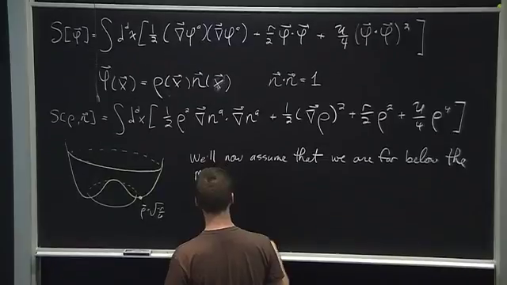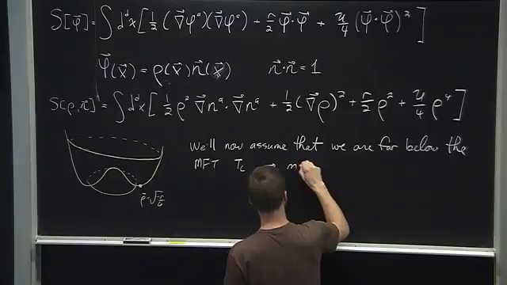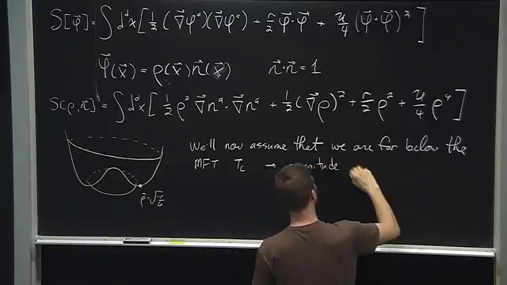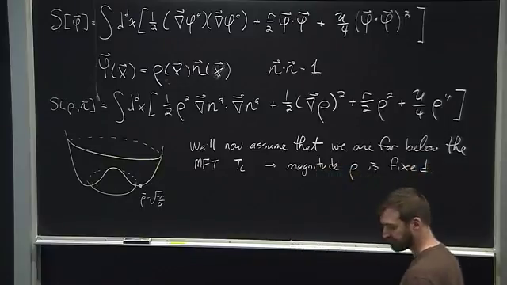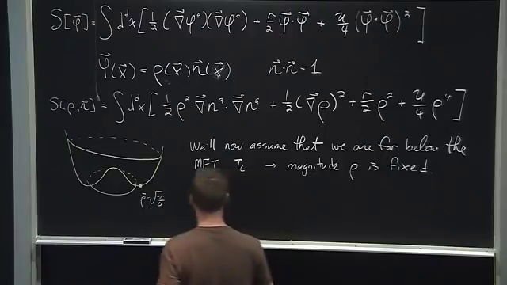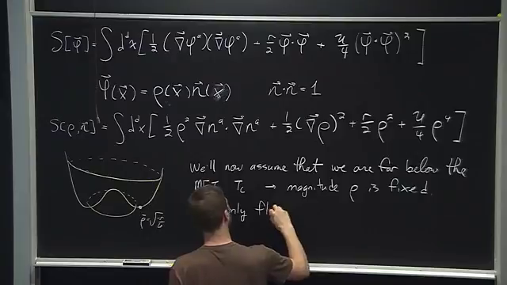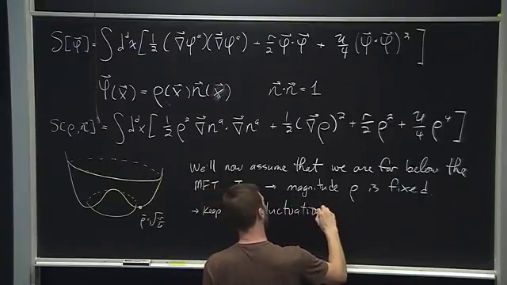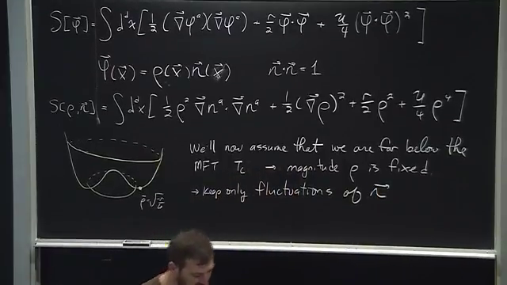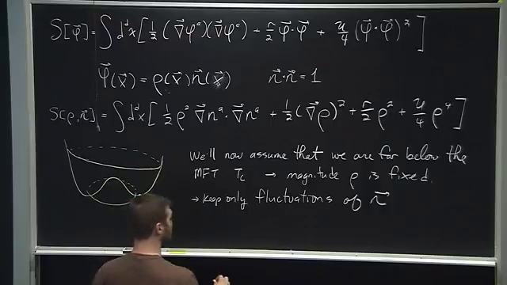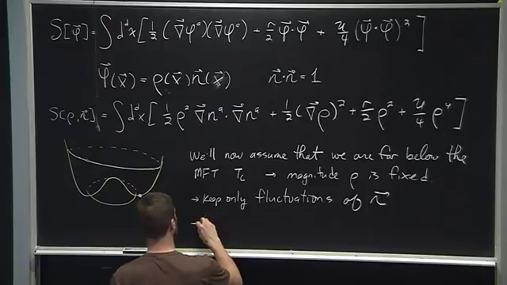So we're far below the mean field Tc, that's what I'll call it. So that the magnitude, so let's only keep fluctuations of the direction. And let's derive a different type of epsilon expansion, where epsilon is the distance from two dimensions.